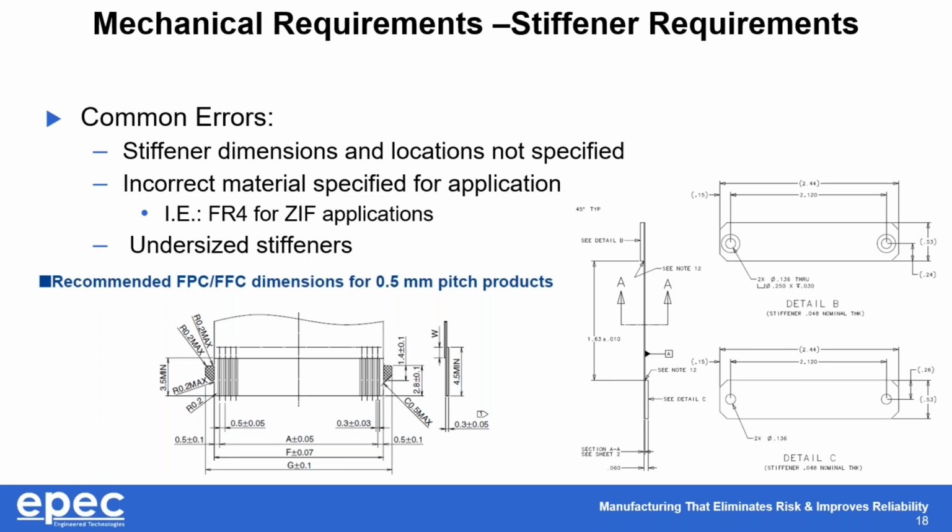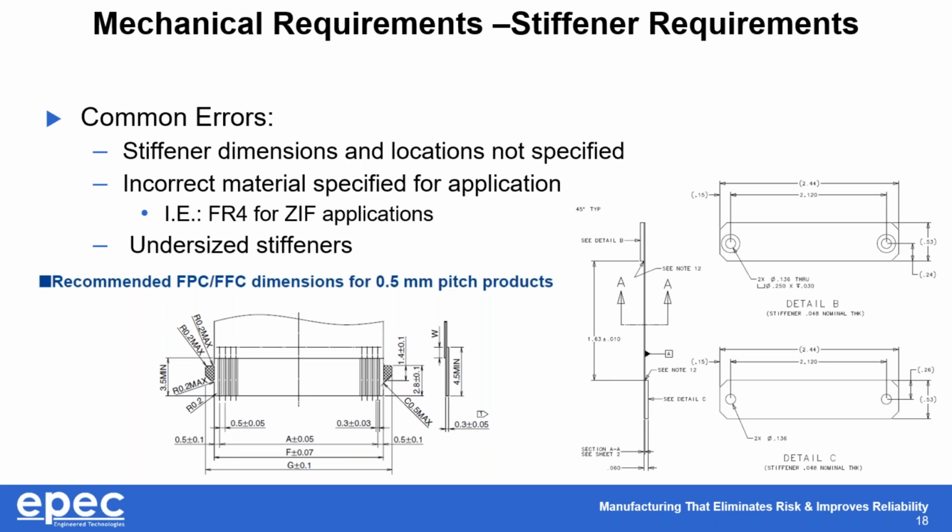And without a file, we wouldn't know exactly where it's located, how it's shaped, and what it's supposed to cover and not cover. Another common error that we end up seeing is incorrect materials for applications, most commonly for ZIF applications, which require a polyimide stiffener. We would end up seeing FR4 stiffeners.